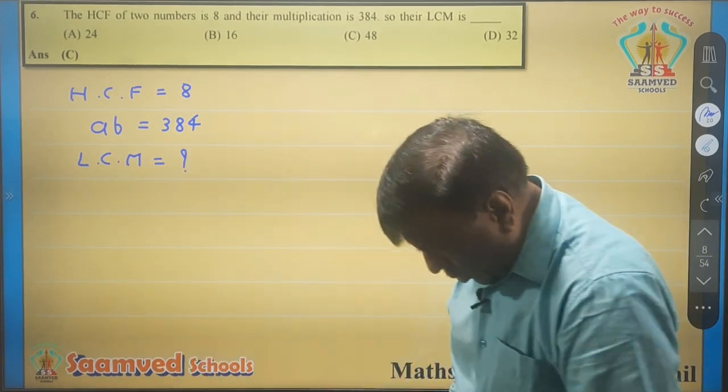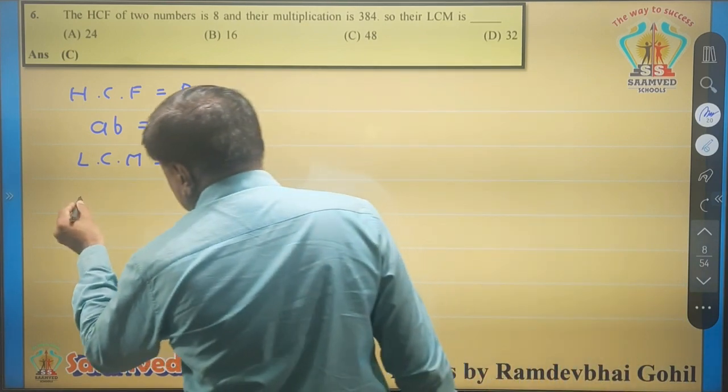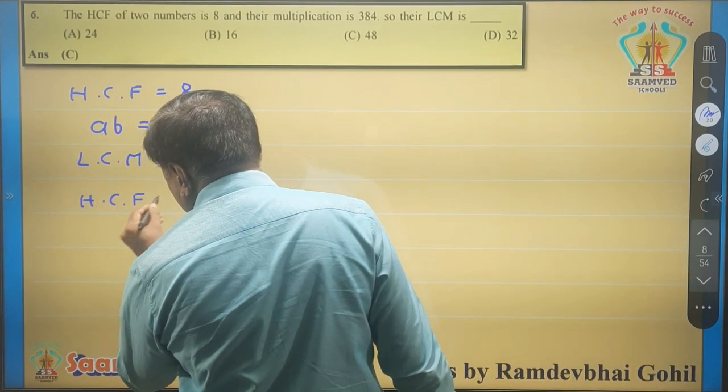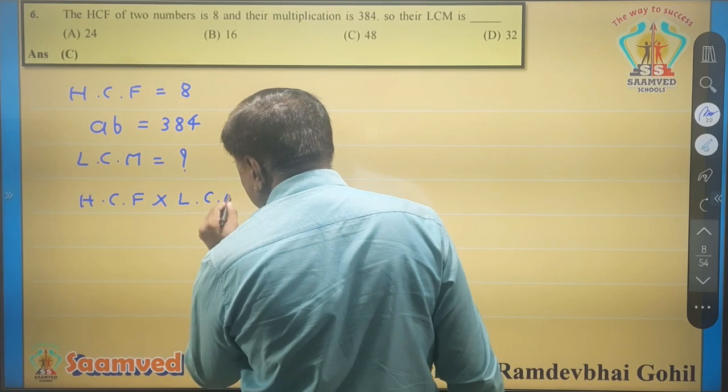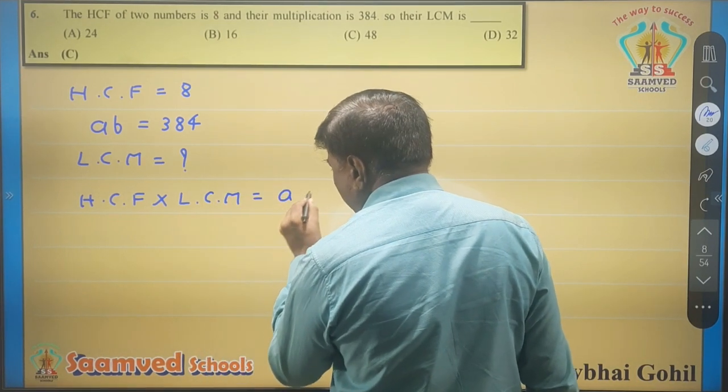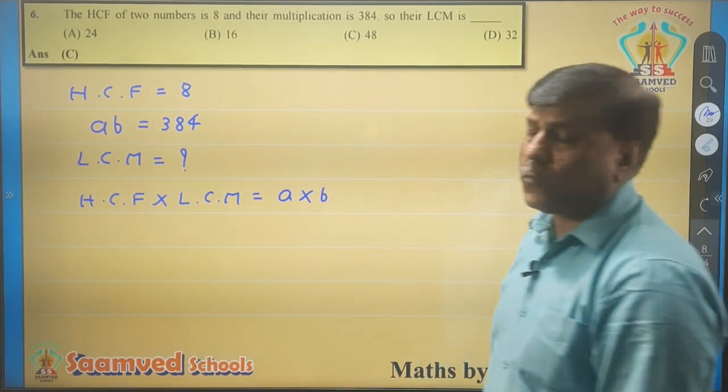So, friends, you must know HCF into LCM is equal to multiplication of two numbers.